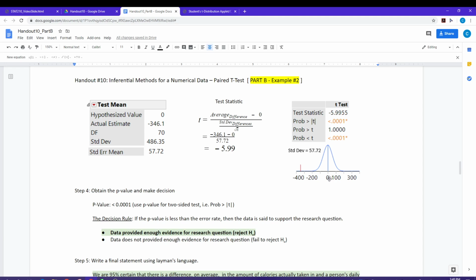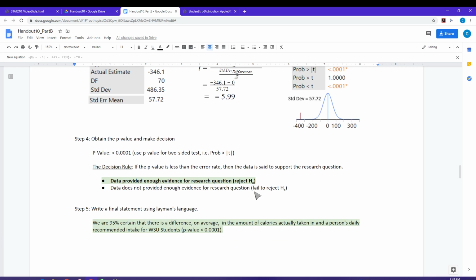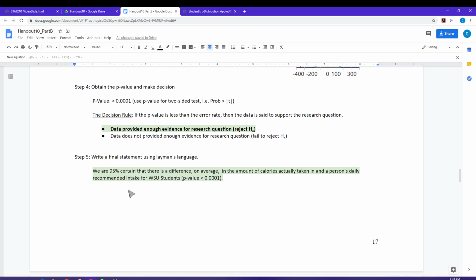Anything more than 2 would be considered unusual. If we use the p-value approach here, the p-value that we're going to want to be selecting is the one for the two-tailed, Prob > |t|. That is less than 0.05, so I have enough evidence for the research question, and I can go ahead and make my final statement, again using layman's language here. Make sure and include the p-value at the end of that statement.